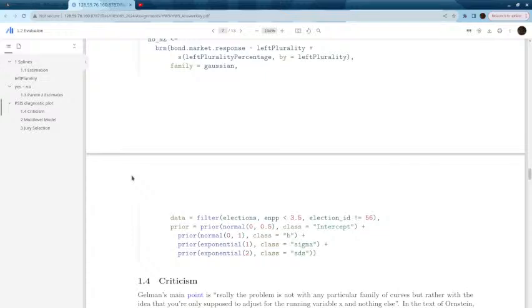What I thought in particular was, at least according to Gilman, you would want to include these other variables, even though I'm not really sure why the levels of these variables would explain the change from the month before the election to the month after in the bond market stuff.